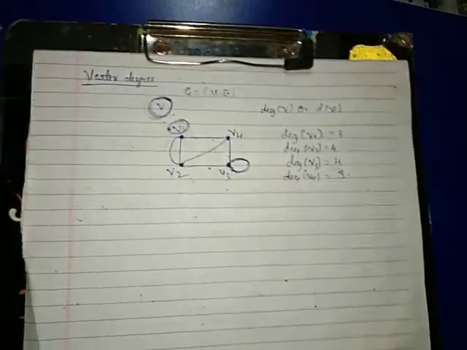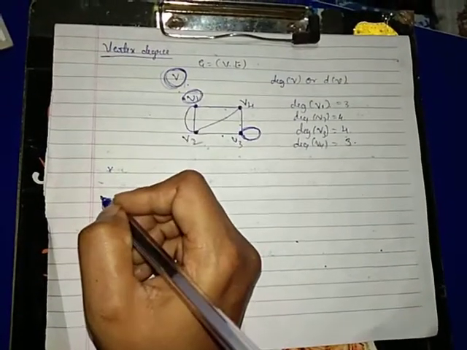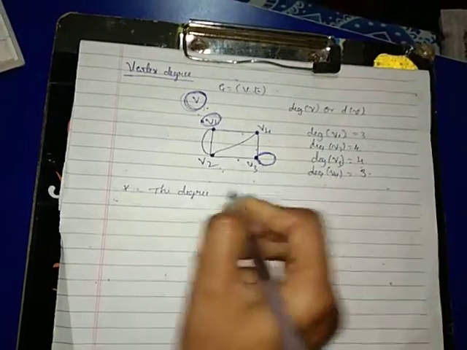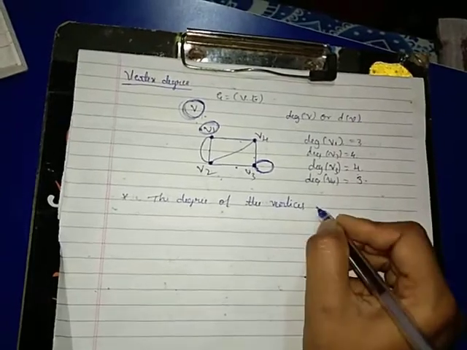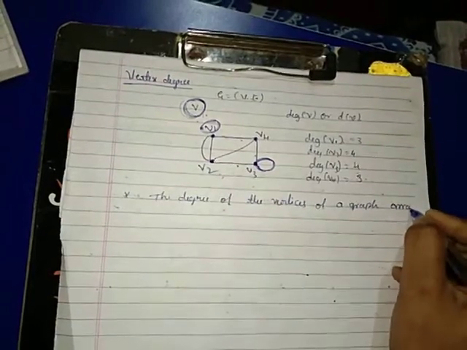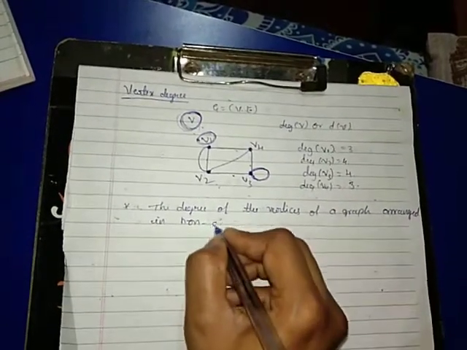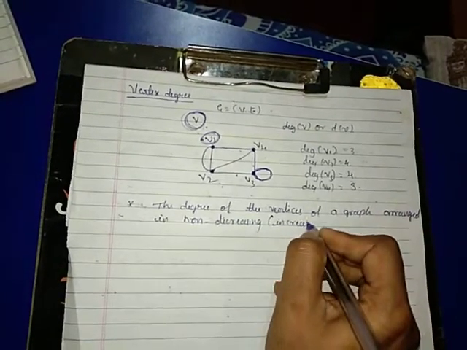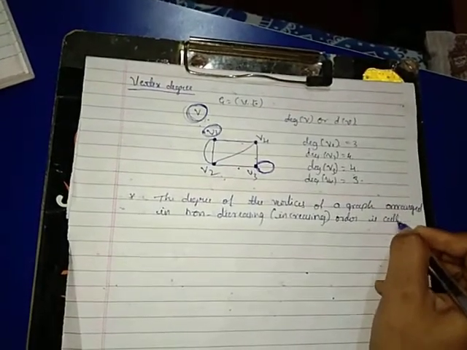Now, the degrees of the vertices of a graph arranged in non-decreasing order, which means increasing order, is called a degree sequence.